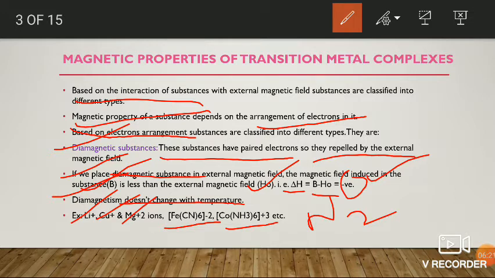Otherwise we don't know whether it is para or dia. It is essential to place the substance in the external magnetic field in order to know the magnetism of that particular substance.